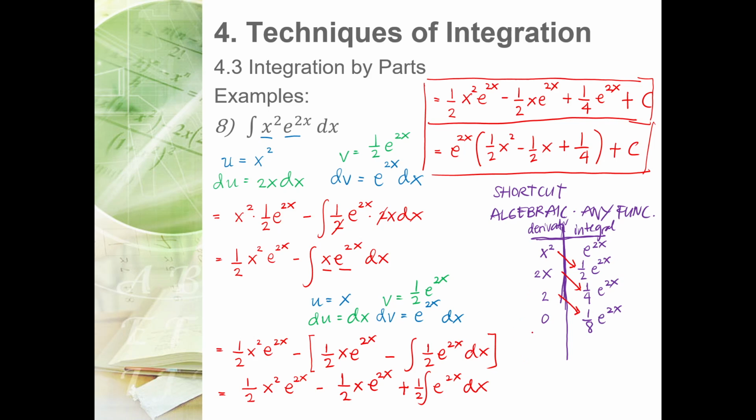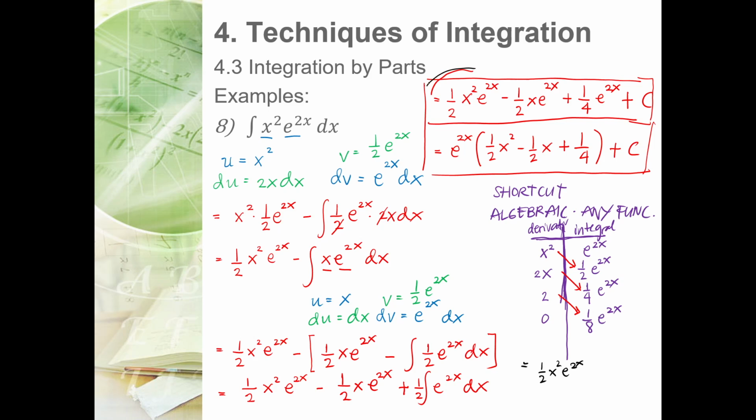So this becomes x squared. Notice that x squared times 1 half e to the power of 2x is the first term, right? Let's try to use another color so you can appreciate it. So the first term is 1 half x squared e to the power of 2x.